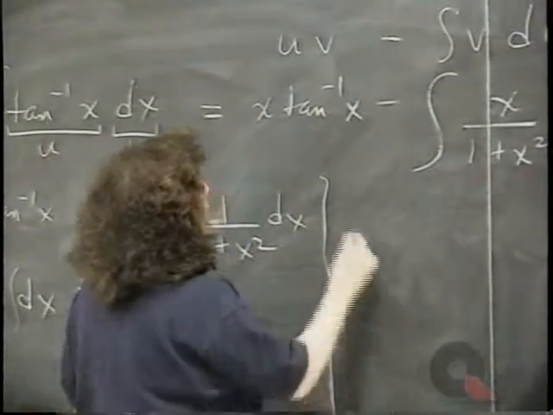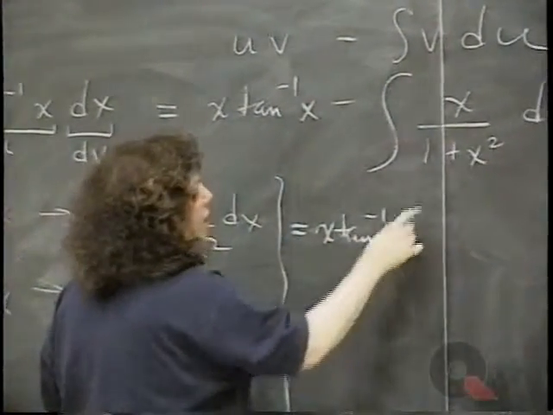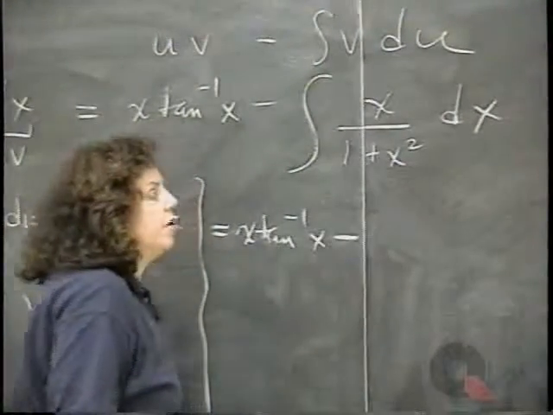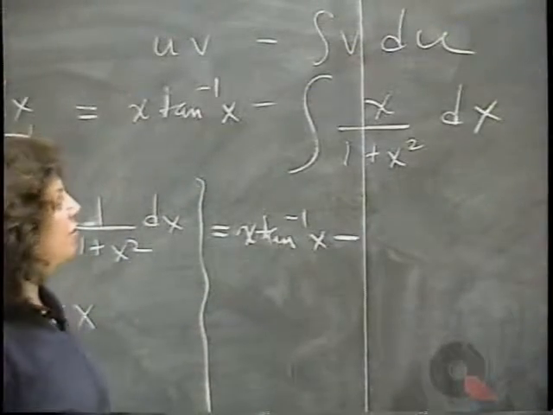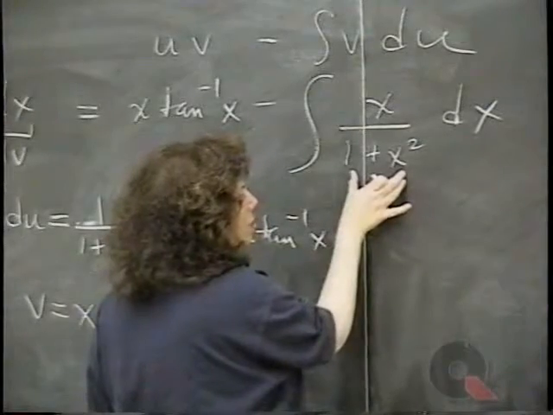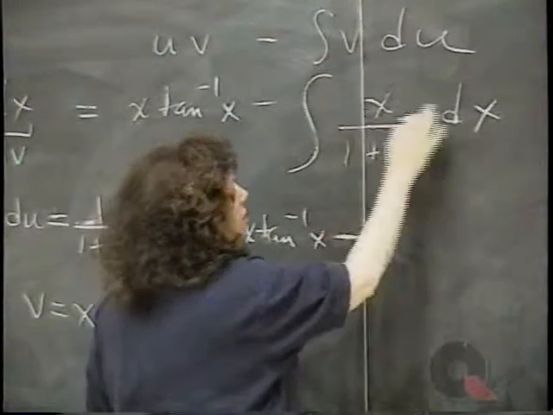Okay, so what do we have? x inverse tan x minus, now, this is almost in the form du over u, or I guess dw over w, because I've already used up my u. But if w is 1 plus x squared, then dw would be 2x dx.